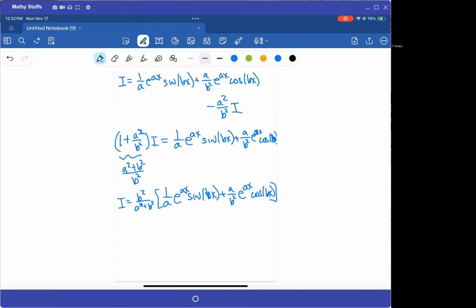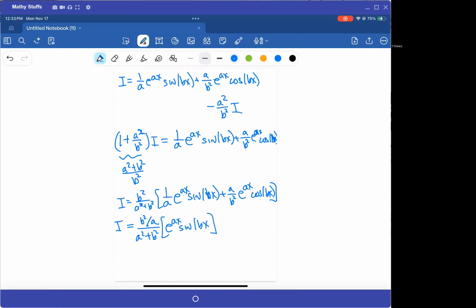So this formula probably could work. I feel like there's something prettier we could do here. Yeah, there probably is. Let's take a look. So I is equal to b squared over a squared plus b squared, e to the ax sine of bx.